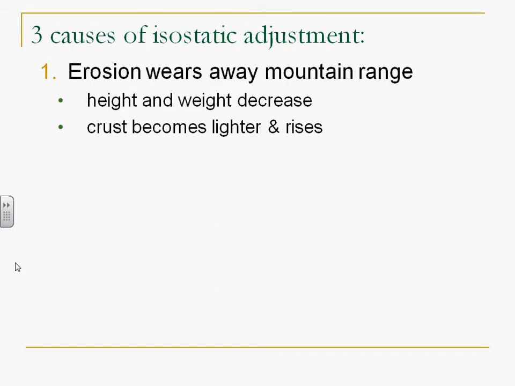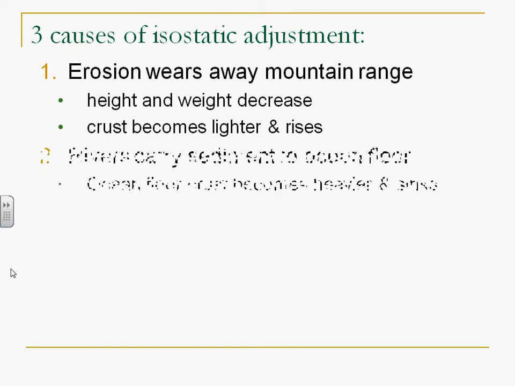It's still underneath there. However, it's not as heavy as it used to be. If it was pushed down, now the resistance is not as much. So it becomes less weight, less dense, and because it was pushed into the asthenosphere, it wants to push up. That's what happened. That's number one.